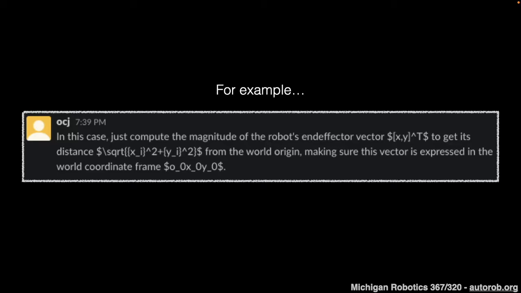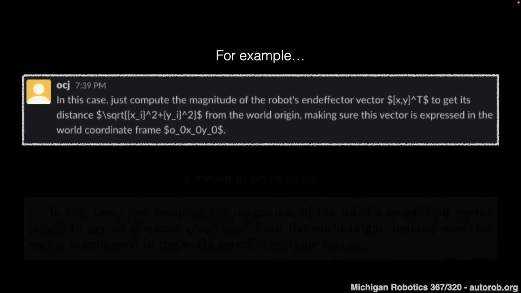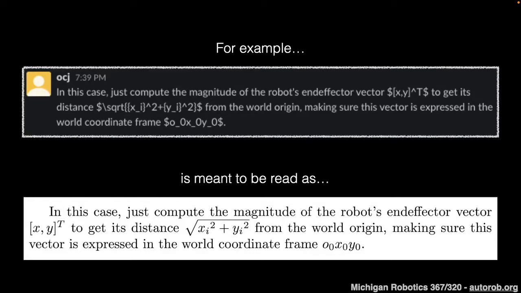The reason for that is that it's really meant to be rendered by LaTeX. We're doing this as a way of denoting what portion of our message is a formal mathematical object and what portion is just text, because sometimes over Slack it gets very difficult to express what's a variable versus what's just our description of the variable. So if you ever see us use these dollar signs within a Slack message, we've written them so that they could actually be rendered into formal LaTeX, as shown at the bottom here.